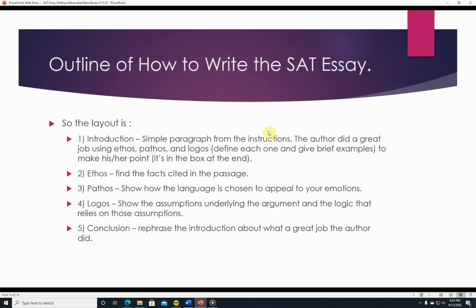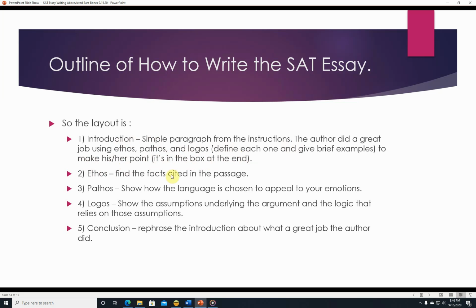And logos, just if you can avoid something bad, then you should avoid something bad. Those would be logos. Anyway, the point is, of course, at the end here. So you're going to use ethos, pathos, and logos to explain how the author makes his or her point, and that is in the box at the end, that being the point. Okay, little confused there, sorry about that.